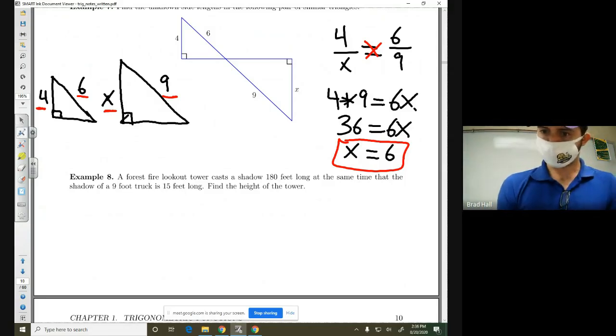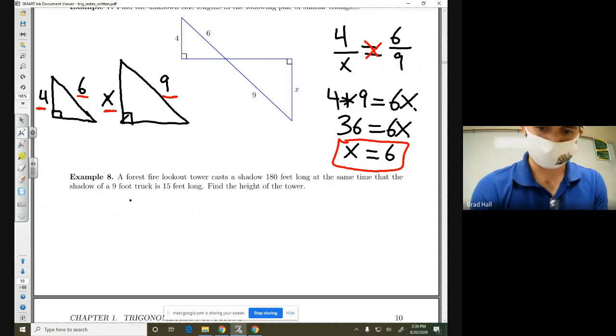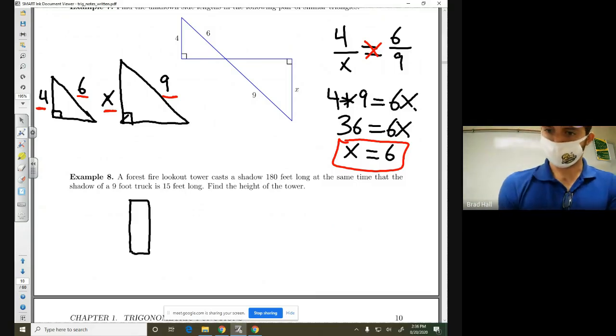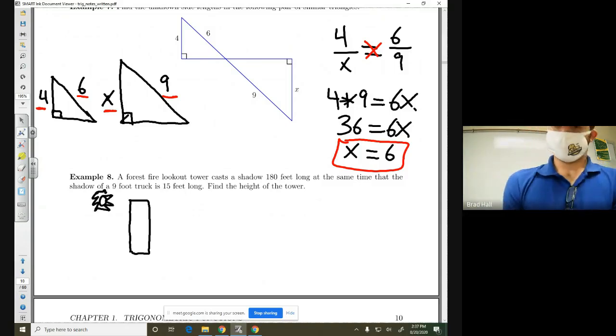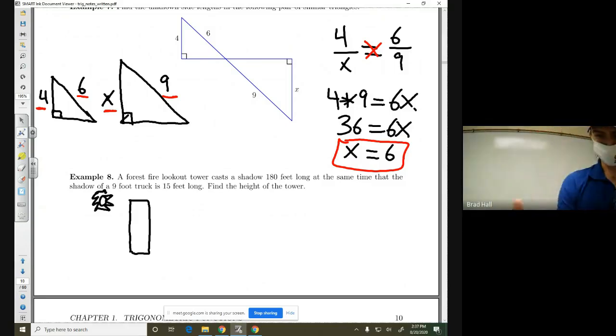Okay, so a forest fire lookout tower. Here's my tower. It casts a shadow, so something about the sun. Just put a little sun here. My drawing's horrible.